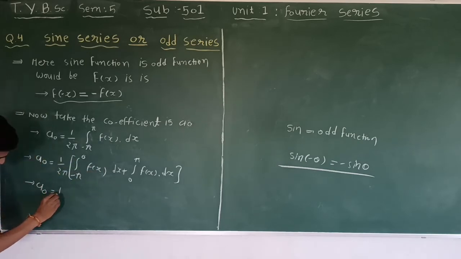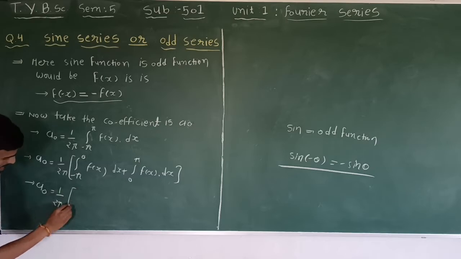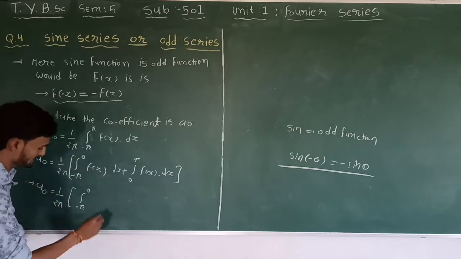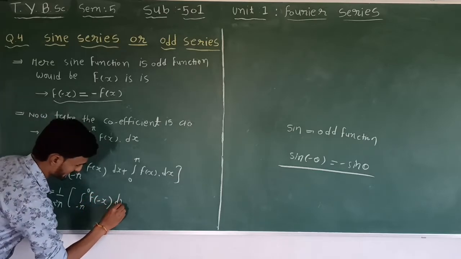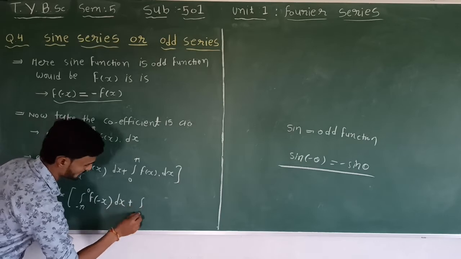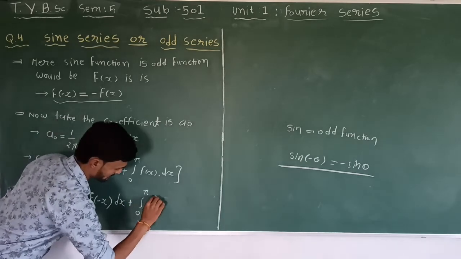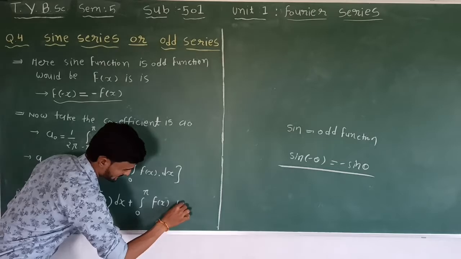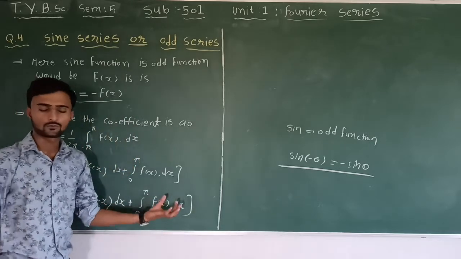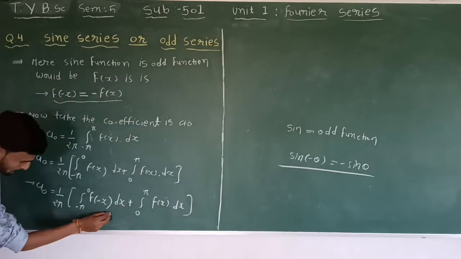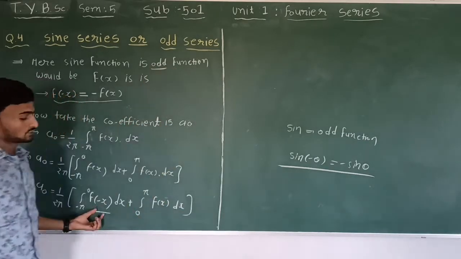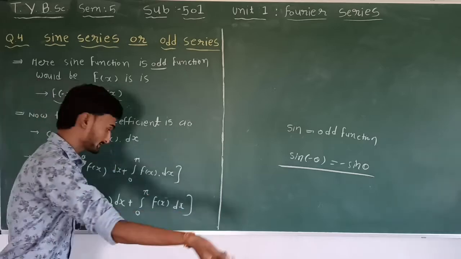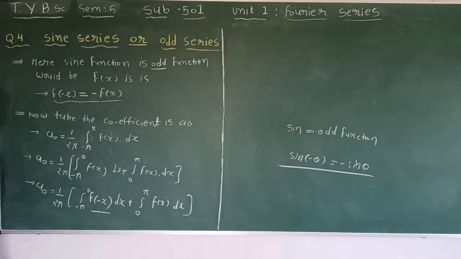A0 is equal to 1 upon 2 pi, integral from minus pi to 0 of minus f of x dx plus integral from 0 to pi of f of x dx. Since f of x is an odd function, the value of f of minus x removes the minus sign.